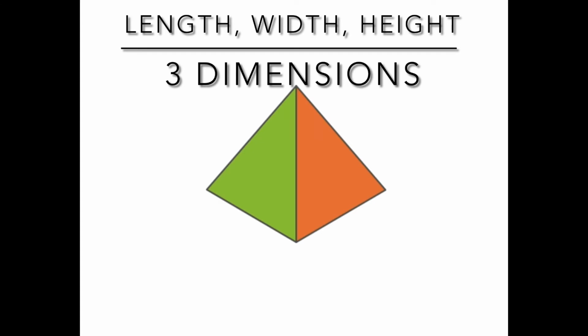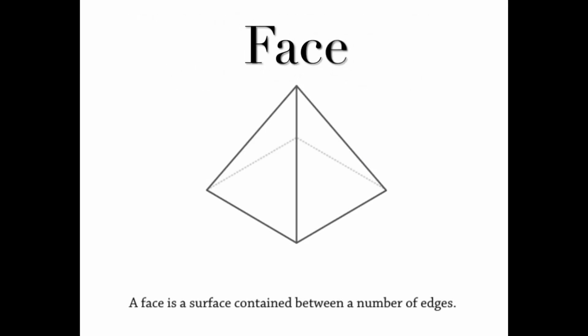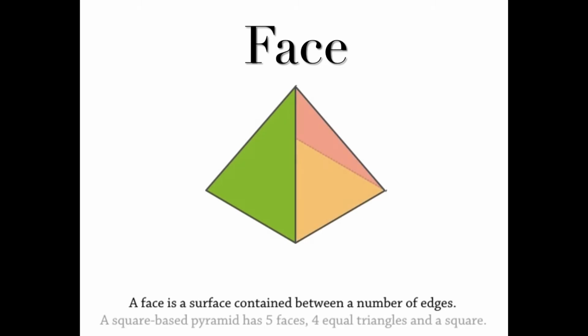Now, three-dimensional shapes are made up of three parts. The first part of a three-dimensional shape is a face. A face is a surface, and these surfaces are contained between something we call edges. A face is a surface that you might be able to lay this shape on. That's the face there.